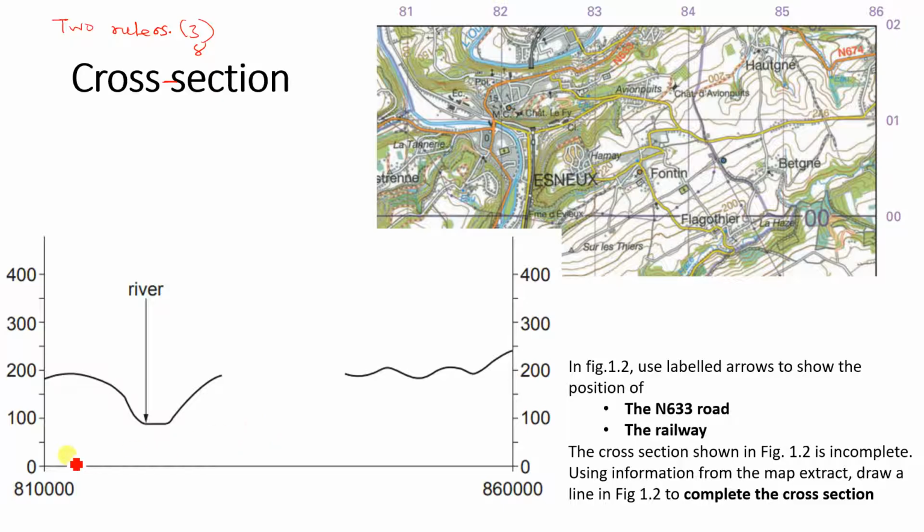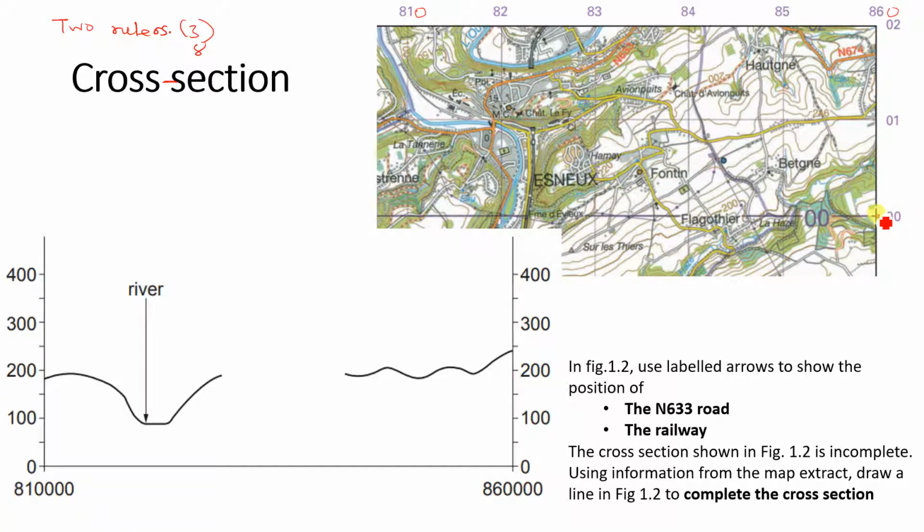Now, what you should know is, you should first know how to locate this point on the map extract. Here is 810000. So that's a 6-figure grid reference. This is my 81. So 810 means I did not get up to 1 line here, so it will be on this line. And 000 is this. So 810 and 000 meet here. That's my first point. Now, the second point, which is this, is 860000. So 860 will be here, and 000 is here.